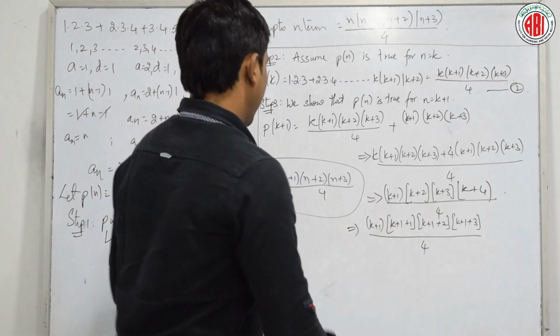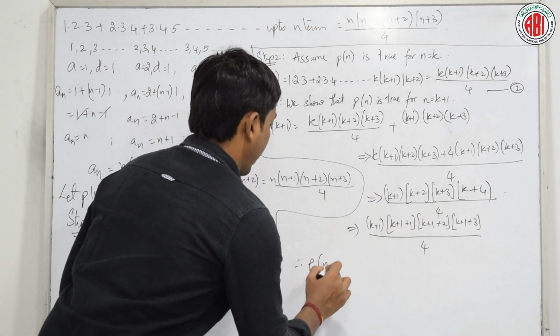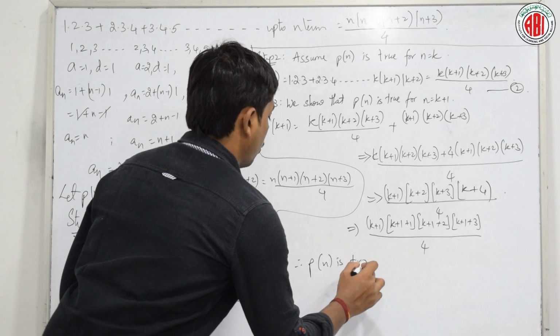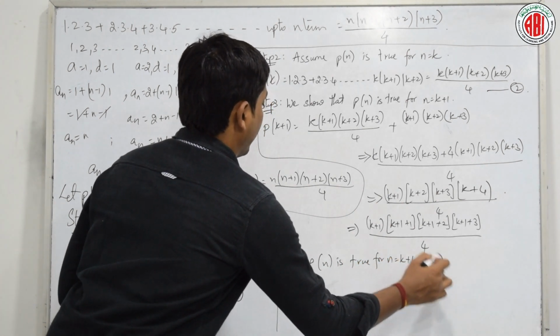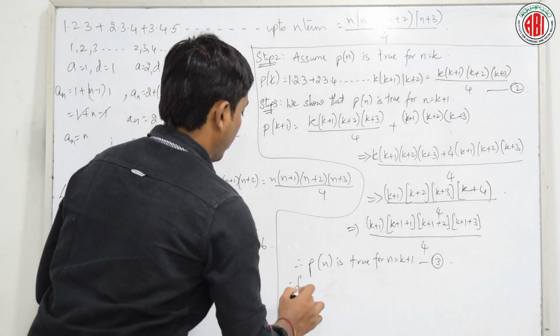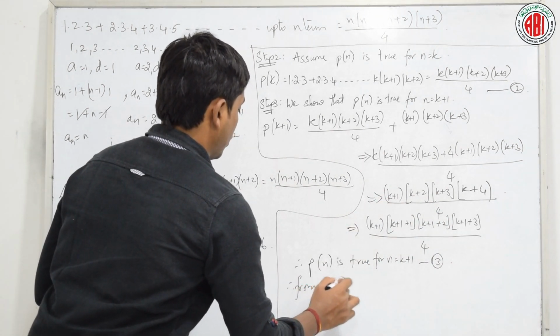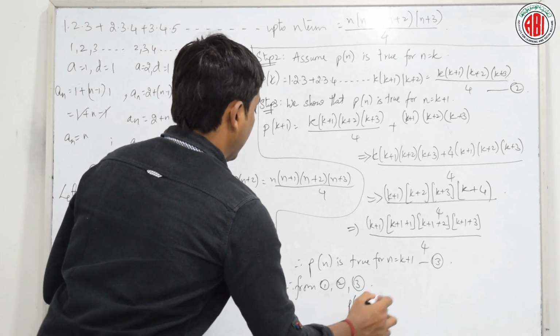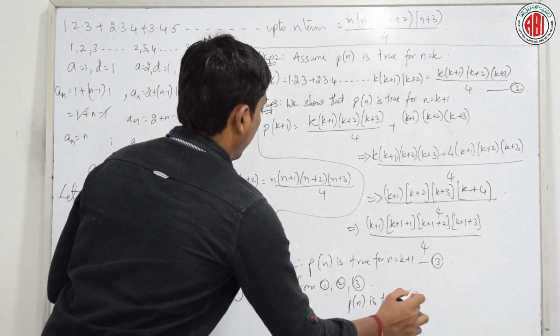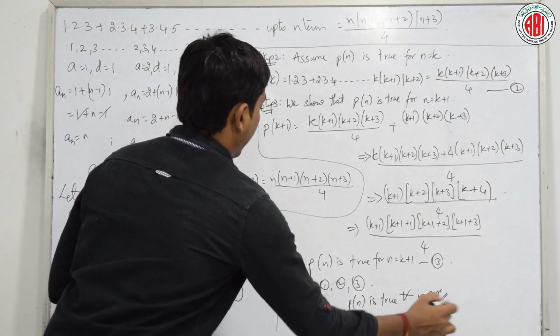Therefore, P of n is true for n is equal to k plus 1. This will be my third statement. Therefore, from 1, 2, 3, P of n is true for all n belongs to N.